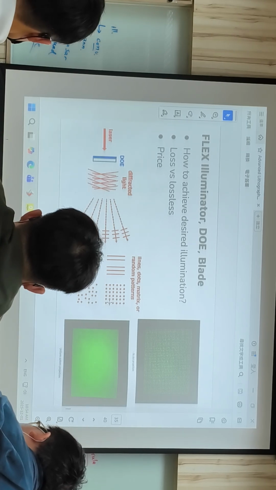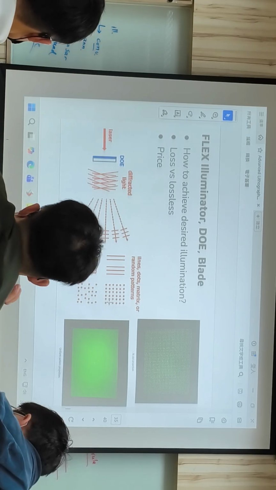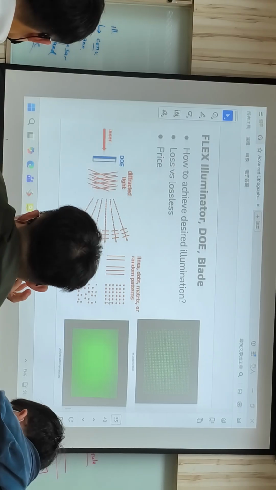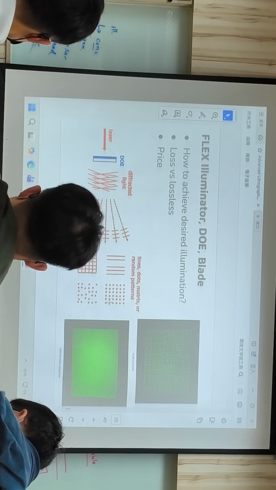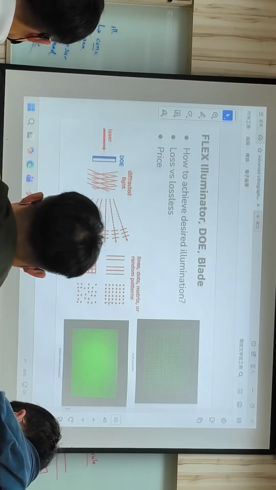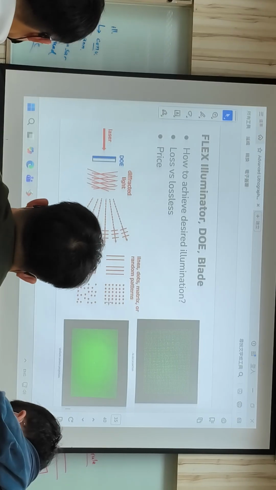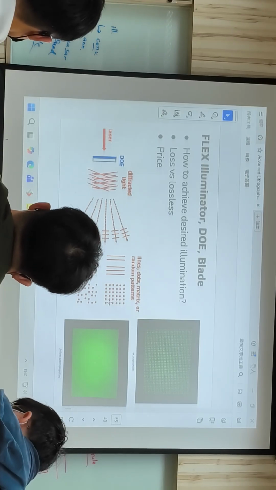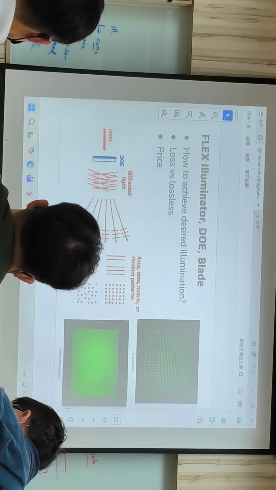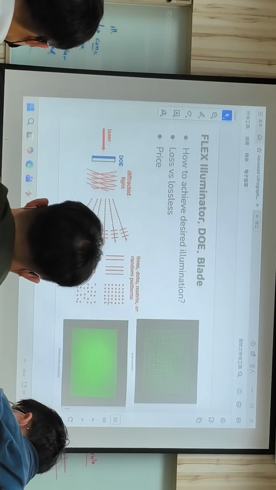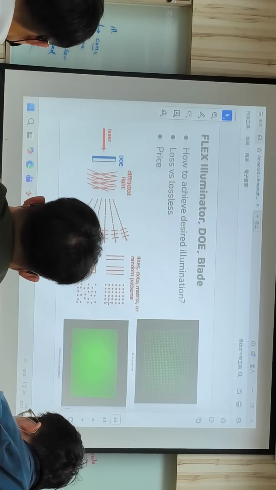And if you change design, you need a new DOE. So it all adds up, and you need to take it out, put it back in, and tool it down. And if you have a FlexRay, you can just change within minutes.